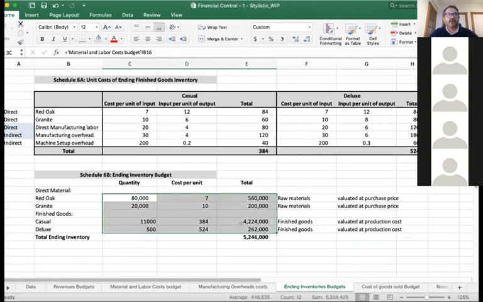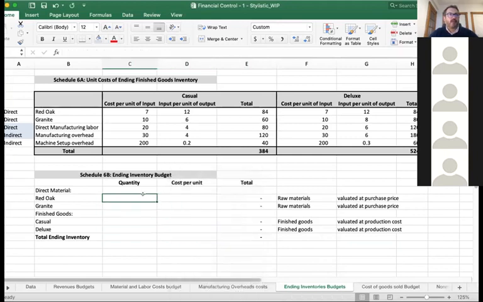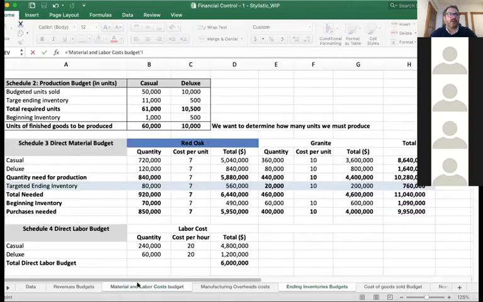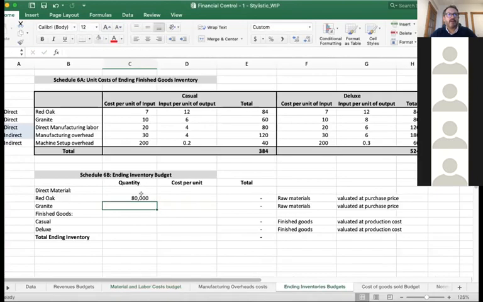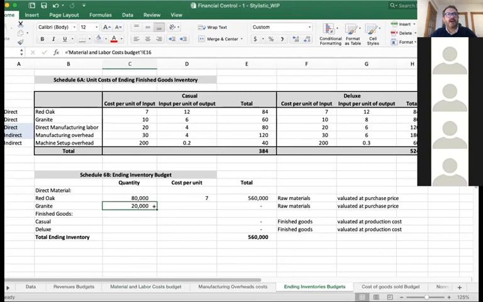Okay, so I'm going to do it again. So for the quantity of red oak, I go here in the ending inventory. For the granite also, I already worked on this, 20,000, okay, at $10.